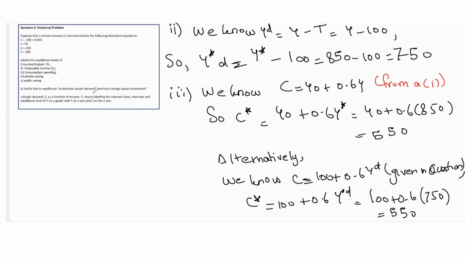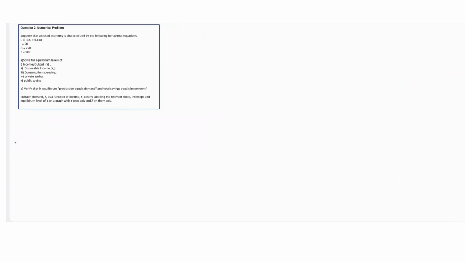Now I want to find private savings and public savings. Let's do part 4, which is about private savings. We know private savings are disposable income minus consumption, because private savings represent disposable income which is not consumed. So the equilibrium value of private savings is the equilibrium value of disposable income minus the equilibrium value of consumption.